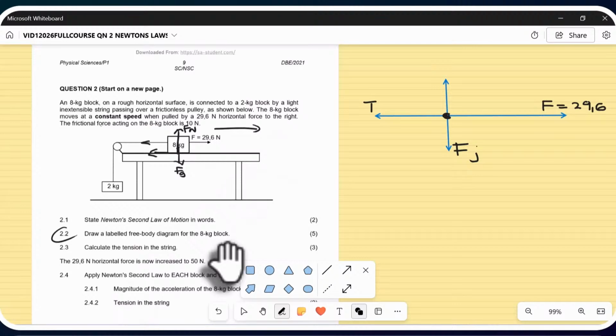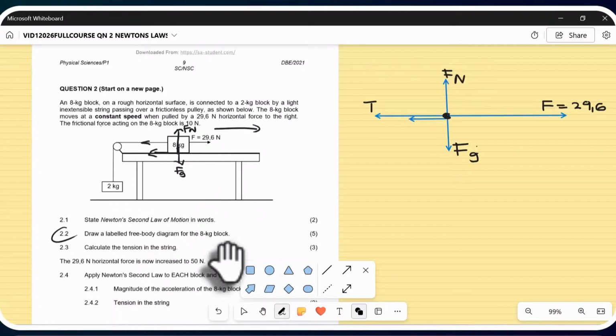Then you have the frictional force, which is opposing the motion, which we call kinetic friction force, since it is moving. So this is our F kinetic. That is it there.